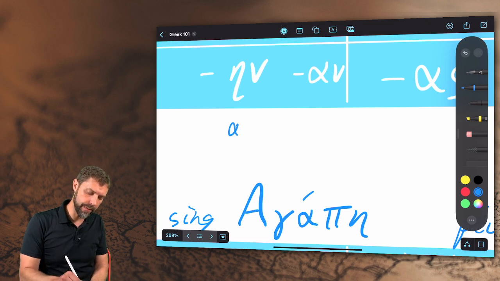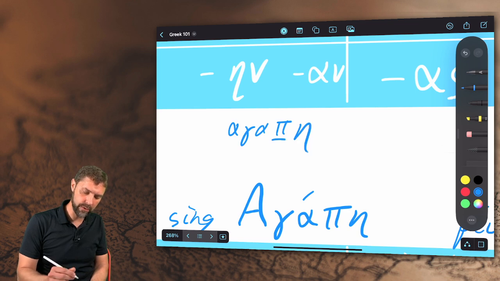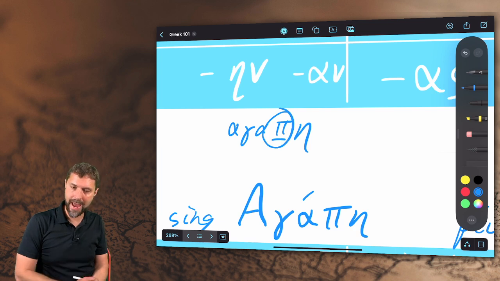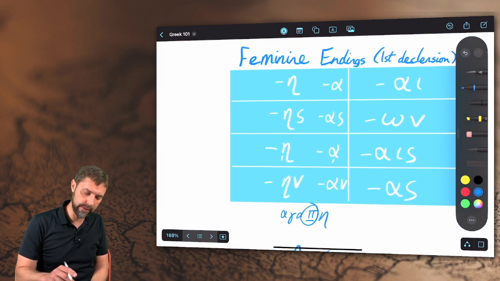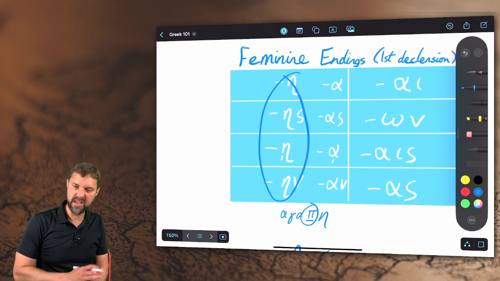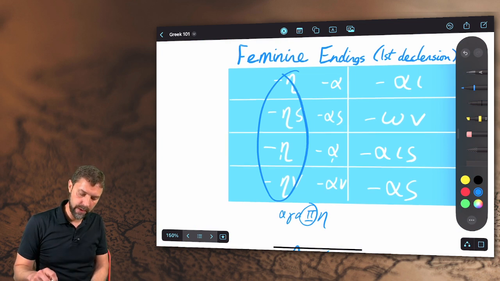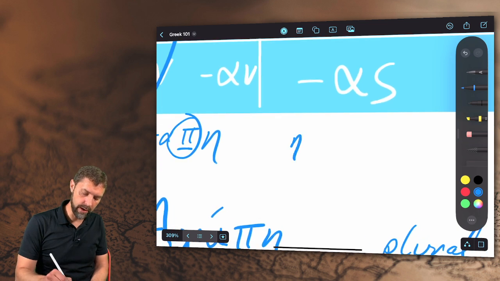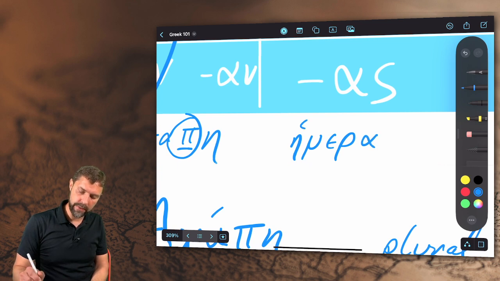So agape ends in a pi. And that's why it uses the normal eta endings. It uses this set because it just ends in a normal letter. But certain words like hemera, with a rough breathing mark, this word ends in a rho.